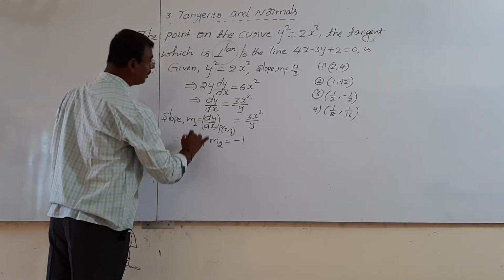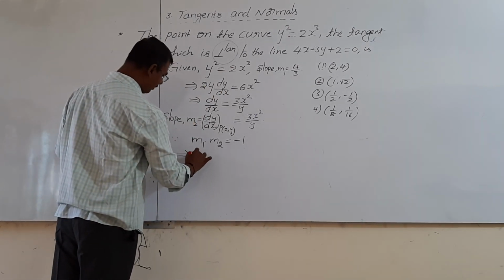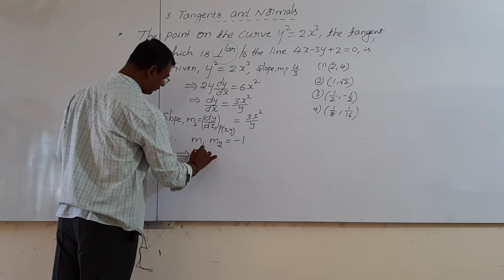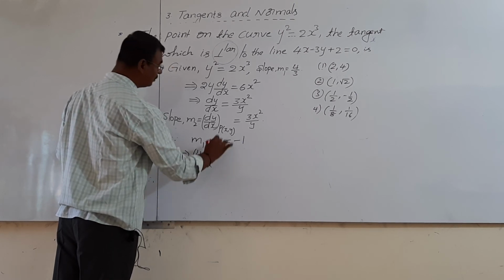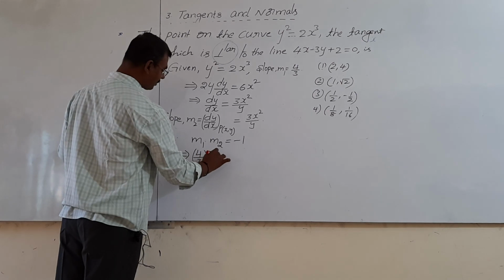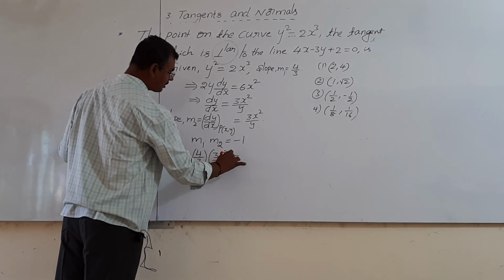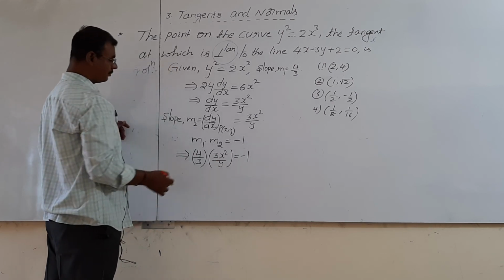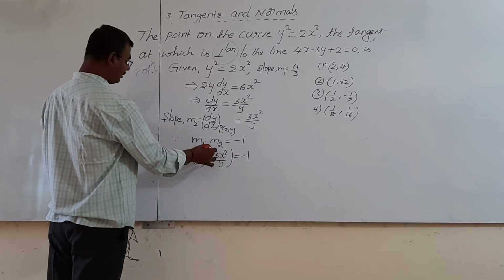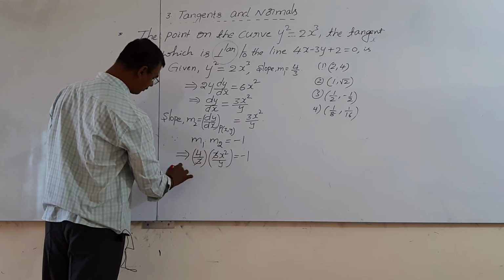What is m1? 4 divided by 3, into m2, which is 3x square divided by y, is equal to minus 1. Here the 3s get cancelled.